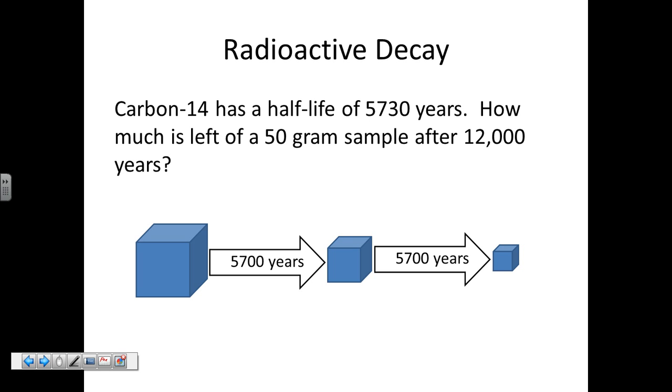After another half-life, about 5,700 years, another half would be gone. Now that doesn't mean that it's all gone. When we say a half-life, half of whatever's there is gone. So out of that 50 atoms, another 25 would be gone.